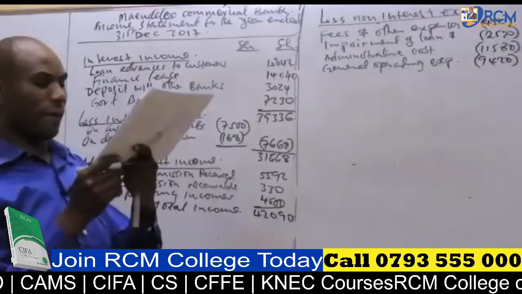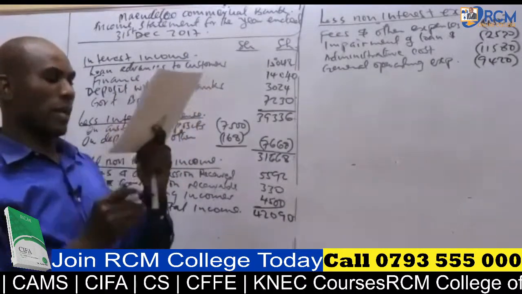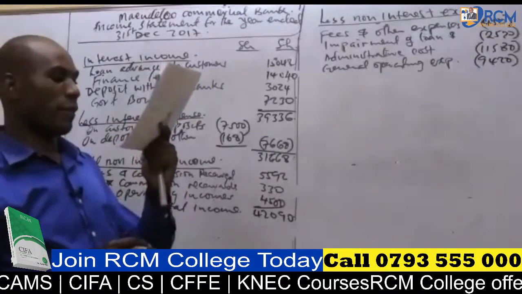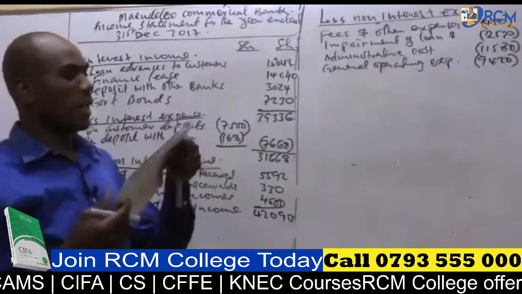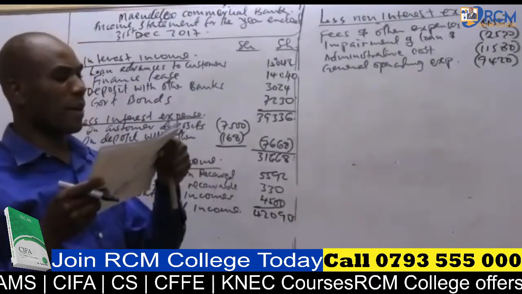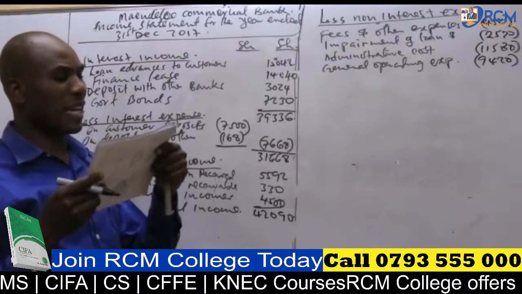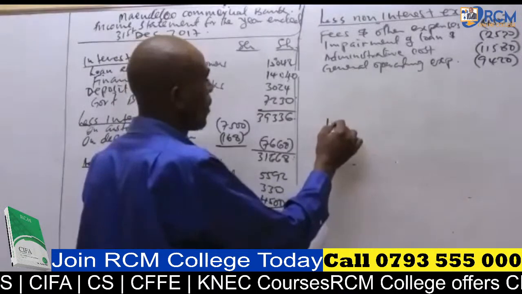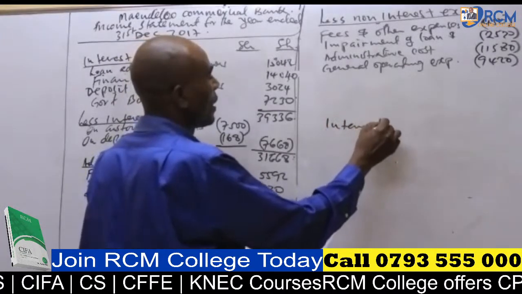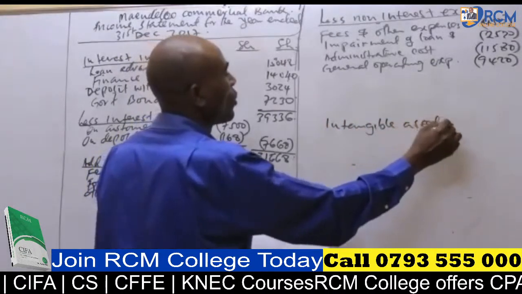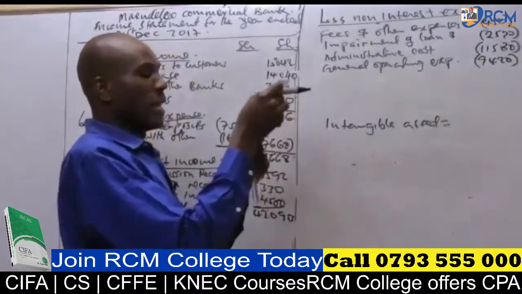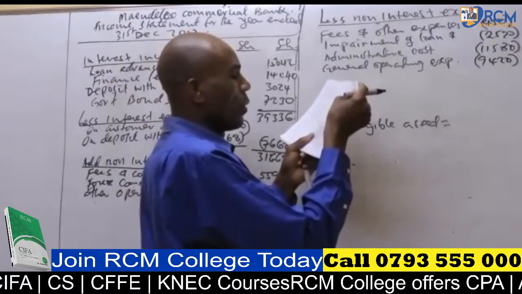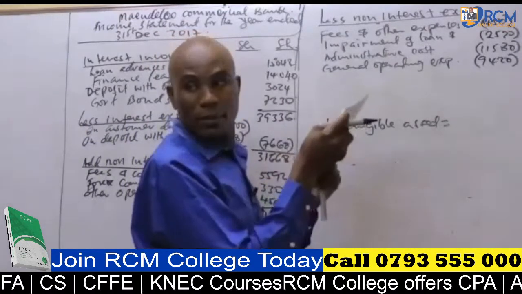Then we have income tax. That one will come after retained profits. We go to additional information. The examiner says that intangible assets were impaired by 20% as at the year end. How much are our intangible assets? In the trial balance, our intangible asset is 6450.